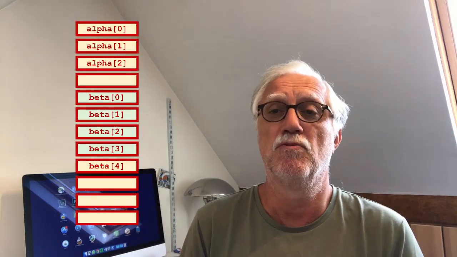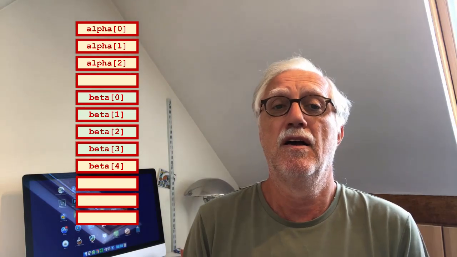Well, there's broadly 2 ways of doing it. The first, and probably default way of doing it, would be like this. So alpha would occupy 3 bytes of a word. Beta will occupy 4 bytes of one word and 1 byte of the following one. But the key thing being it starts on a word boundary.